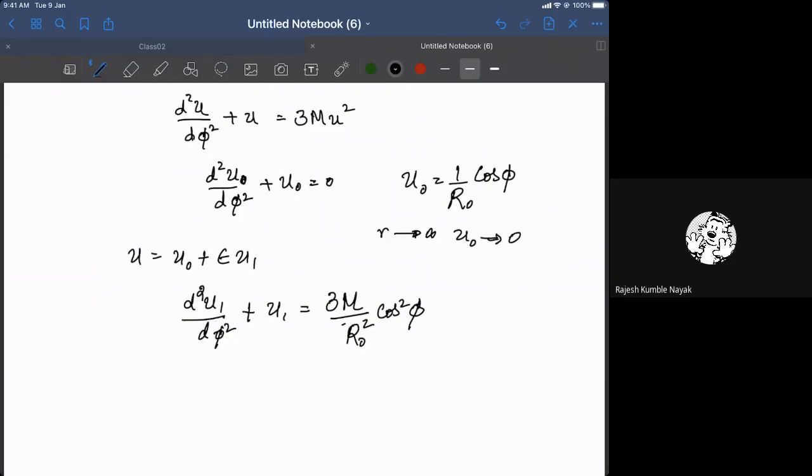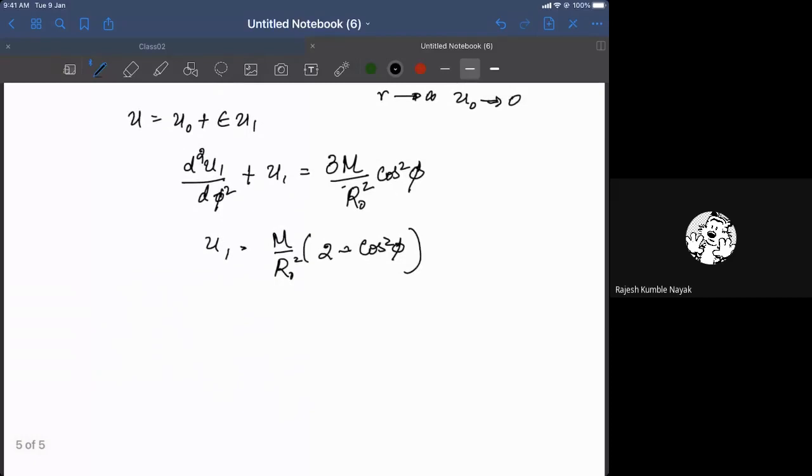And then the total solution u1 becomes M by r naught square into 2 minus cos square phi. This is straightforward to write, and then we get the solution: u is equal to 1 by r naught cos phi plus M by r naught square into 2 minus cos square phi.